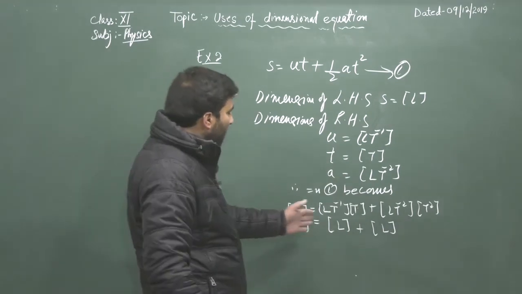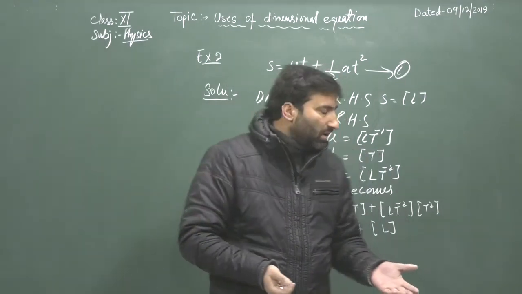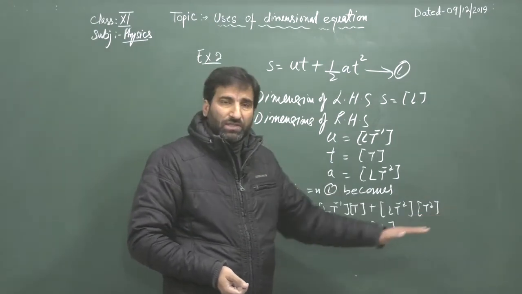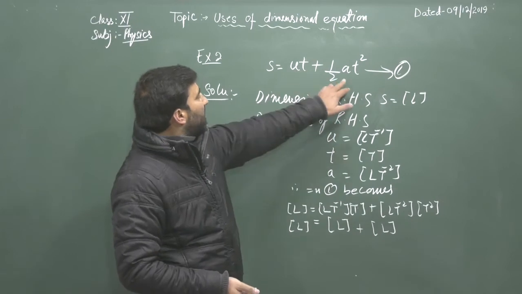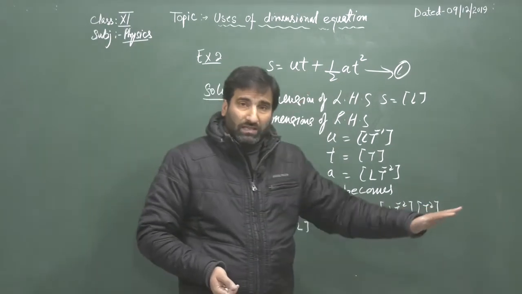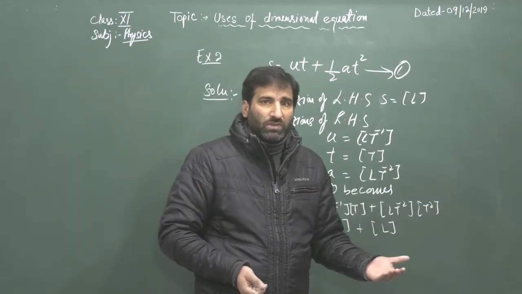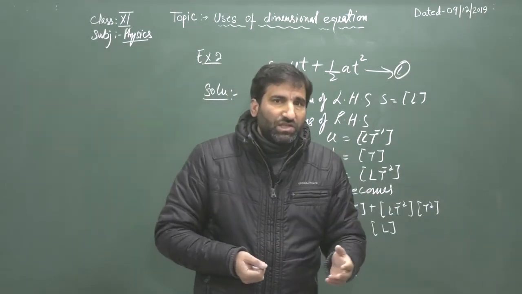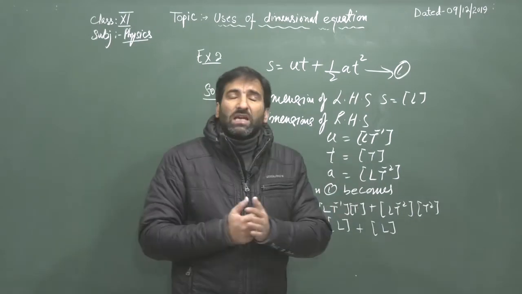So dimensions of LHS is equal to dimensions of RHS. That means in each term we have the same dimensions, whether it is this term or this term, the dimensions are uniform. So while applying the principle of homogeneity, we get the same dimensions in each term. So we can say the equation is dimensionally correct.